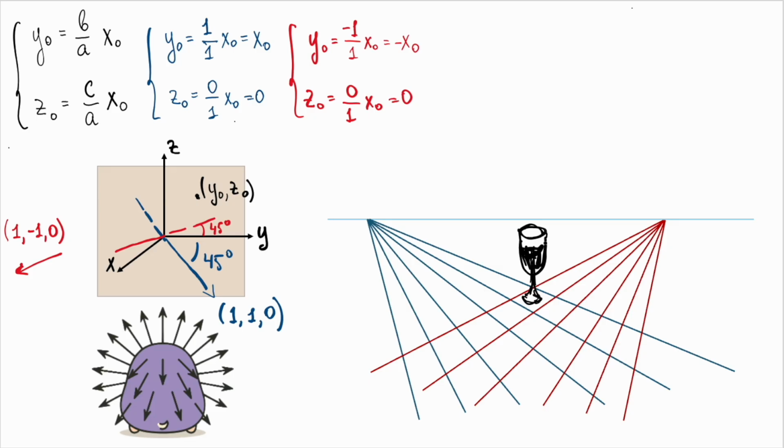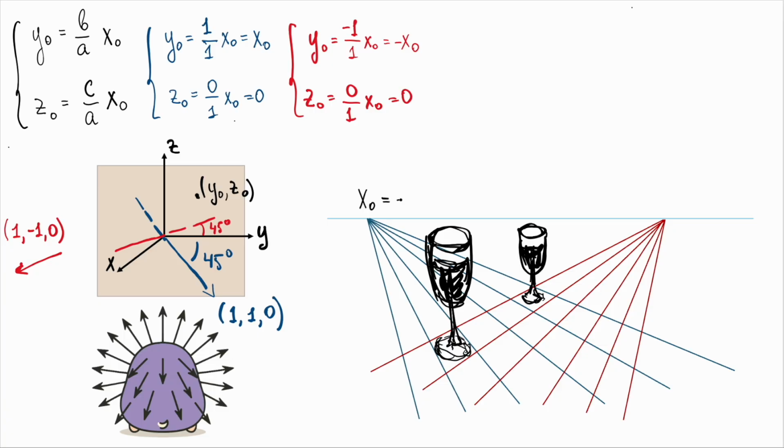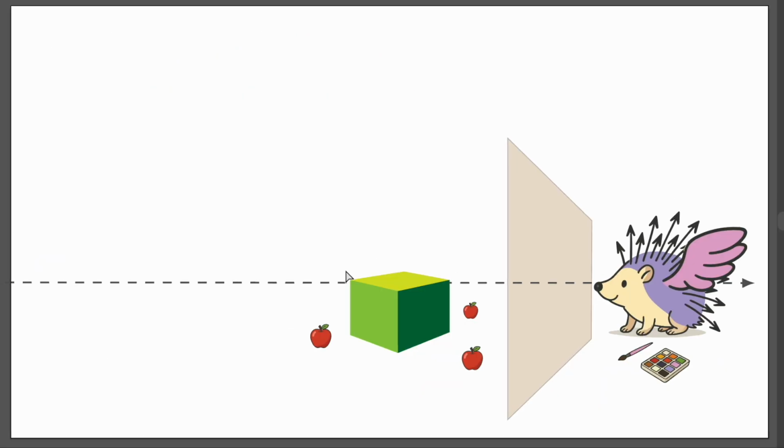So the y-coordinate of the vanishing point becomes plus or minus x0, which means that on the canvas, these lines go to either minus x0 or plus x0. Great. This way we can find the coordinates of any vanishing point.